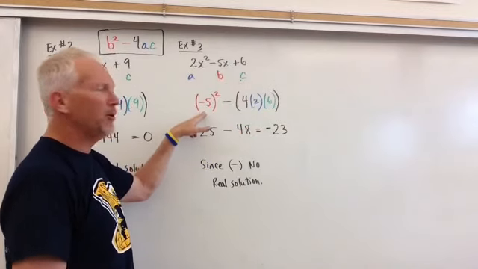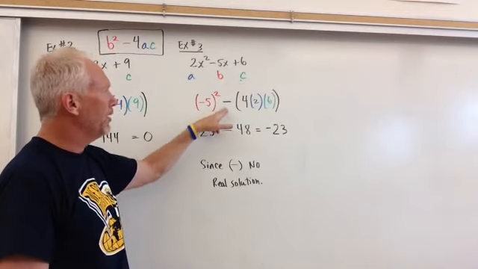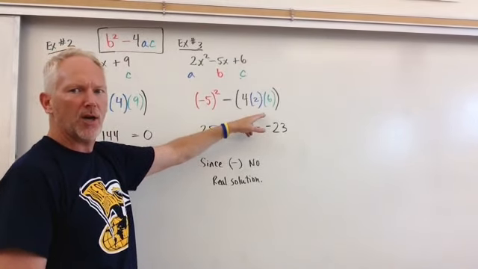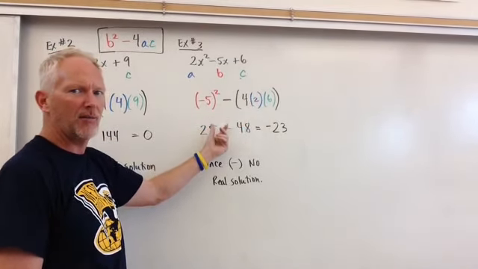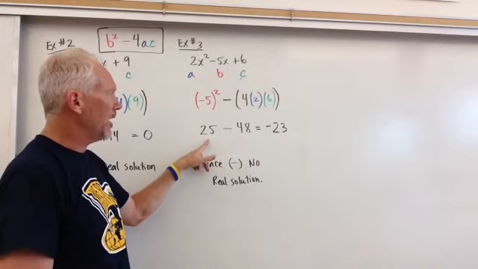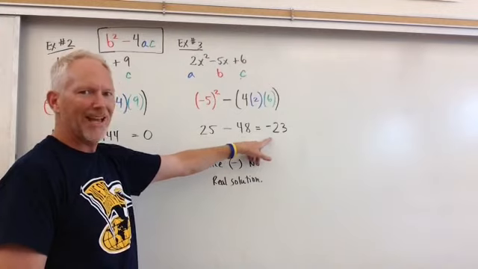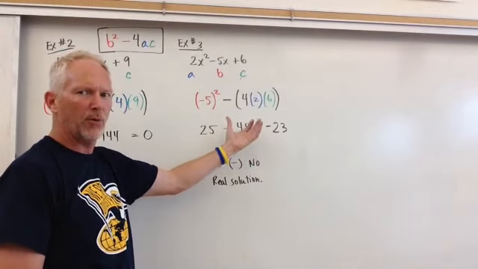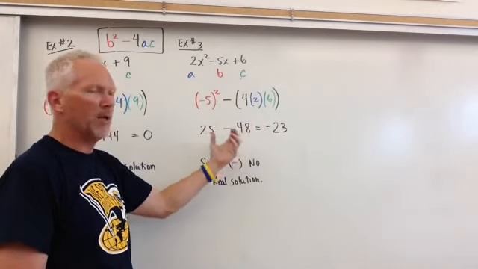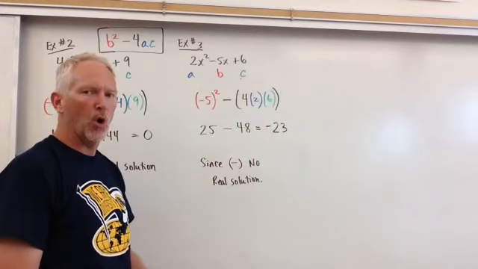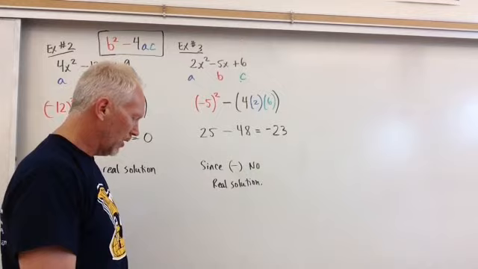So our b value, negative 5, gets squared, minus the quantity 4 times 2 times 6, your a and c values. In this case, it's 25 minus 48, which is a negative 23. So that negative 23 would be under the radical, which means we have no real solution.